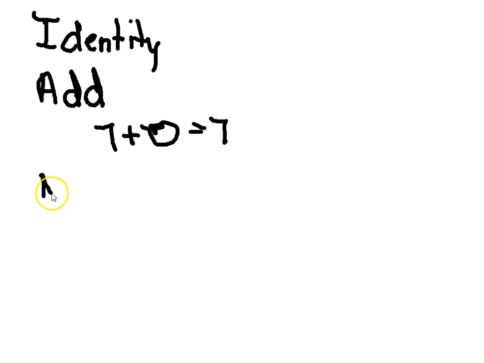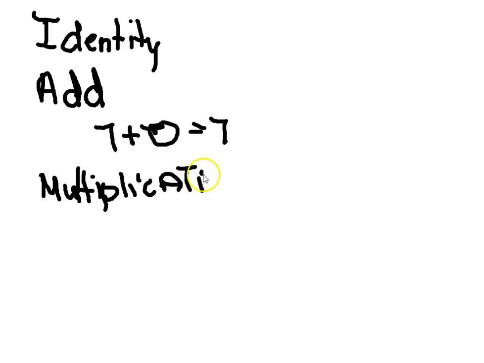And then for multiplication, we have, let's say, 6 times 1 is still going to give us 6. So our identity property is the one that gets us our same number back out.